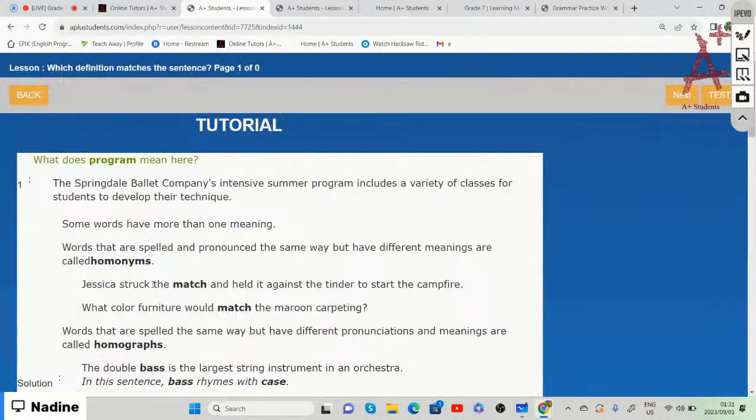So now we will be given the definition and then we need to say which sentence matches the definition. And just once again, words that are spelled and pronounced the same way but have different meanings are called homonyms. And then we have words that are spelled the same way but have different pronunciations and meanings. We call those homographs.